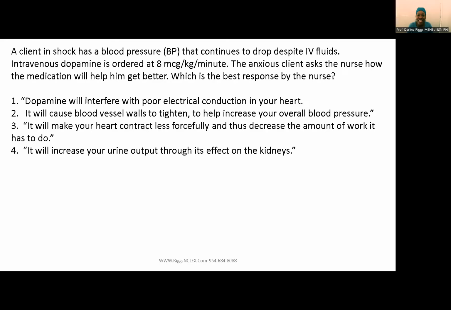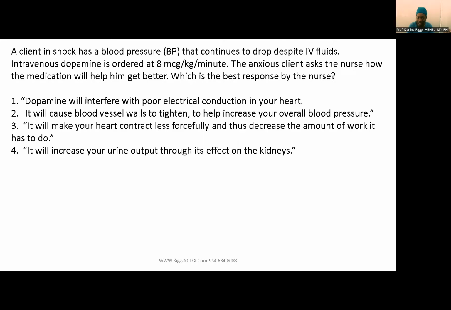The anxious client asks the nurse how the medication will help him get better. Which is the best response by the nurse? So, test taking strategies. Remember, you want to answer in layman's terms, number 1. And what this question is doing, number 2, is testing to see that you know the mechanism of how dopamine works.